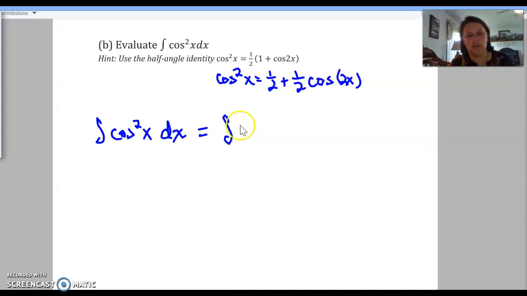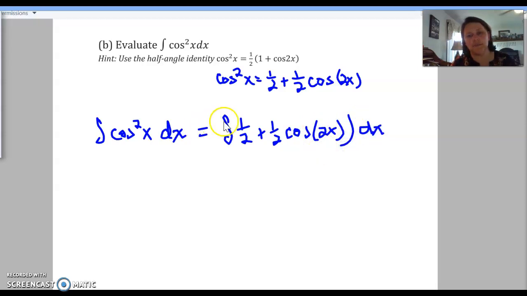So the integral is now the integral of 1/2 plus 1/2 cosine of 2x dx for all of it. And we can go ahead and integrate. So 1/2, actually we never even did use substitution, did we? So 1/2 x plus, now we've got a 1/2 out in front, that's just going to stay there.